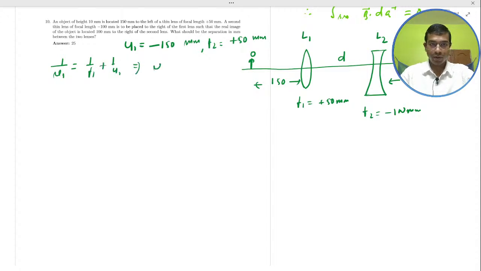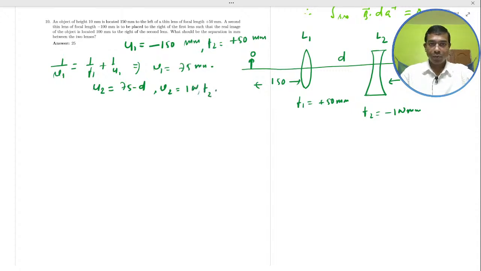Put this value, you get the V1 value 75 millimeter. Image I1 will be on the right side of the concave lens because it will act as a virtual object of L2, and its real image will be observed on the same side of L2. That means U2 is what? 75 minus D, and V2 is 100.